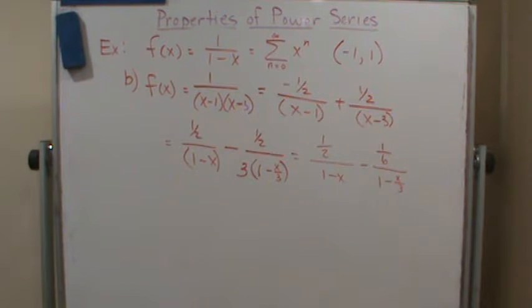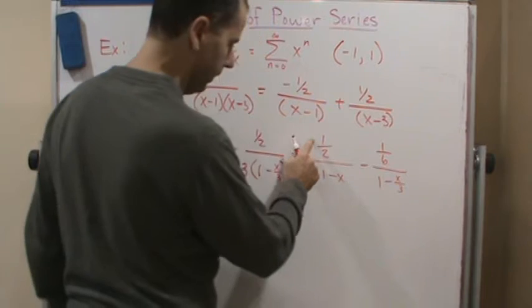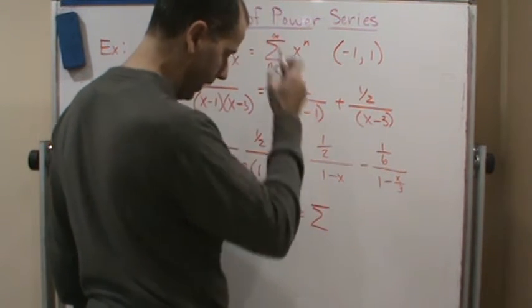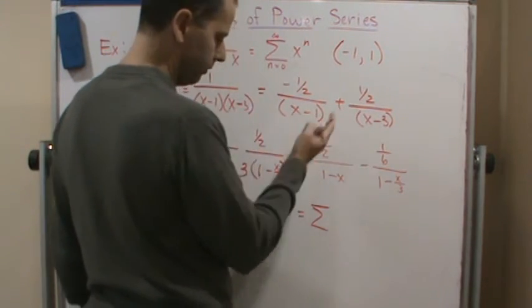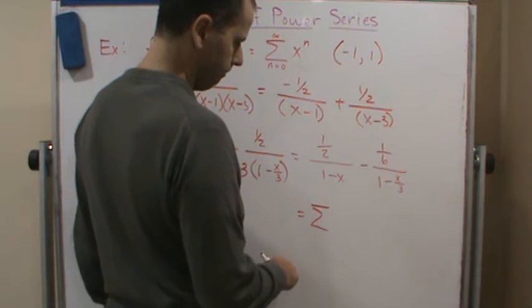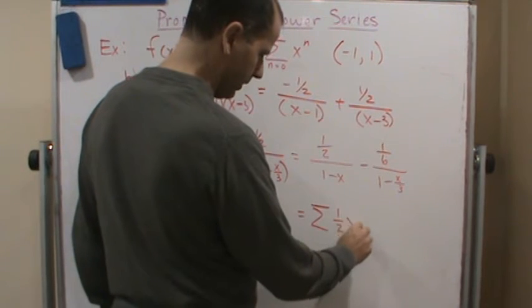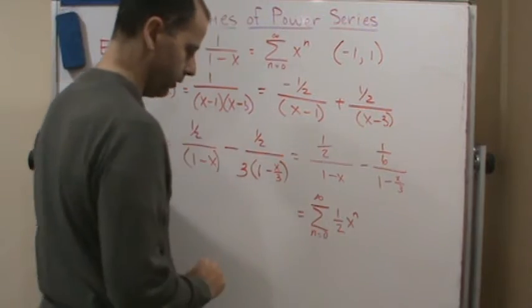Okay, so now we're pretty much done. Because now this here is the same as represented by this power series, right? Because this is your A sub n. So this is going to be 1/2 times x to the n, for n equals 0 to infinity.